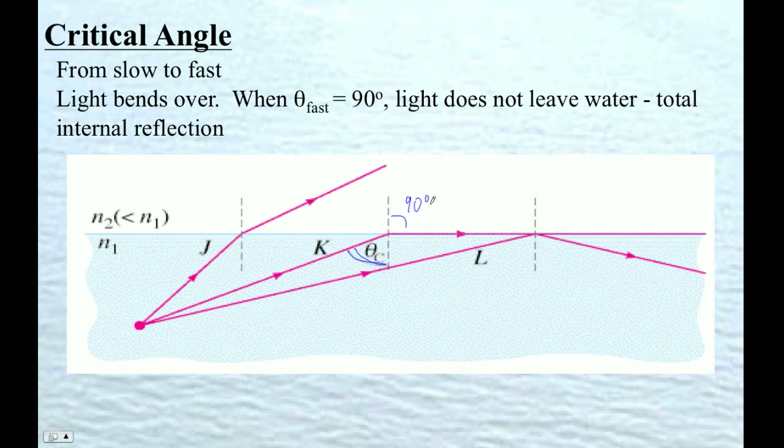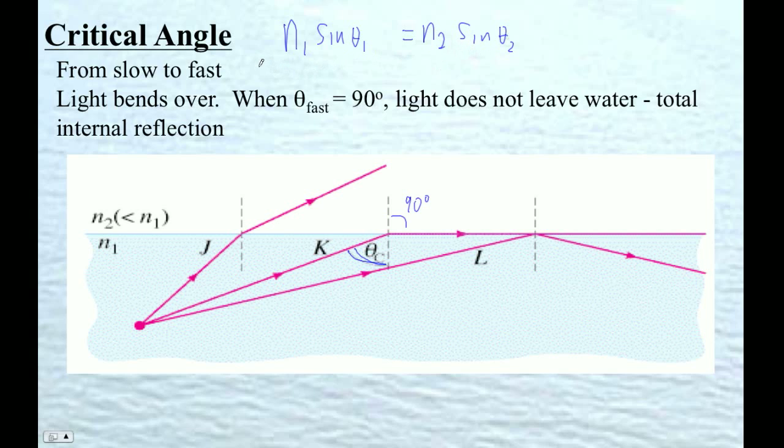To set it up, you really only use Snell's law: N1 sine theta 1 equals N2 sine theta 2, only you make theta 2 be 90 degrees.